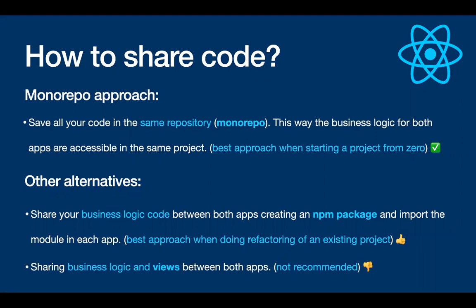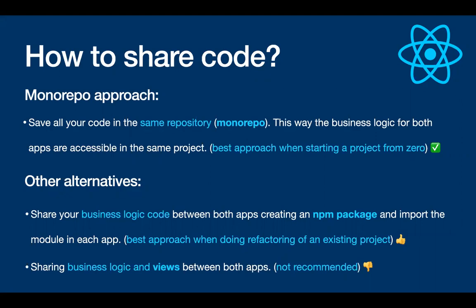This is a good approach also, and it's a really nice way of doing it if we want to refactor an existing project, because instead of throwing all our repositories away and having to start from scratch, what we can do is just abstract the business logic and put it in a repository, delete the business logic from both repos and use it from that NPM package.